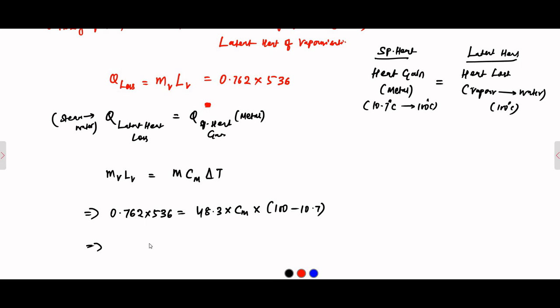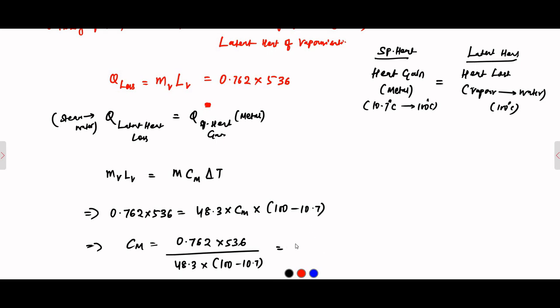That implies the specific heat of the metal is equal to 0.762 into 536 by 48.3 into 100 minus 10.7. So it is coming to 0.0956.